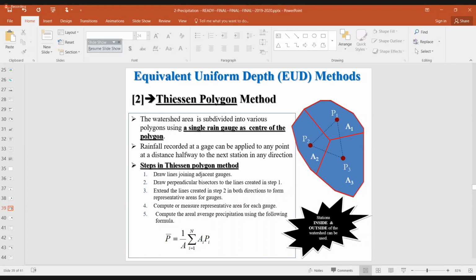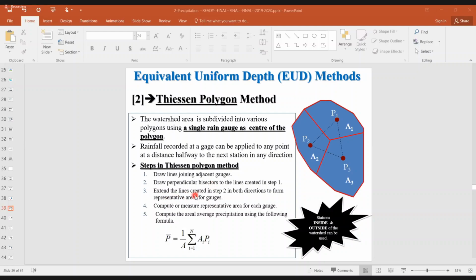Okay. So the procedure is written here. Draw the line to the adjacent gauge station. Draw the perpendicular bisector. So to bisect means perpendicular.